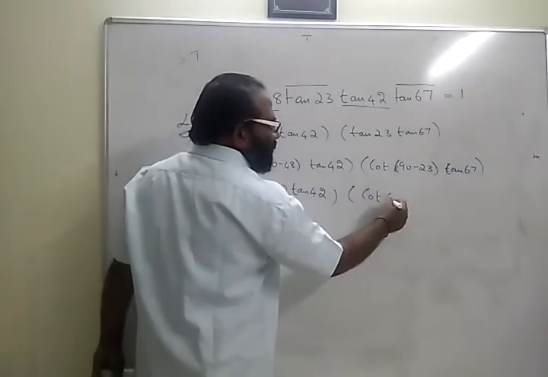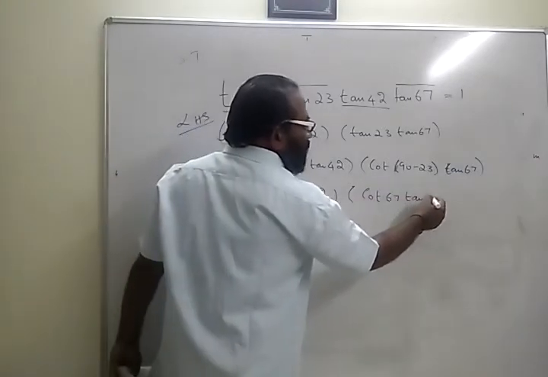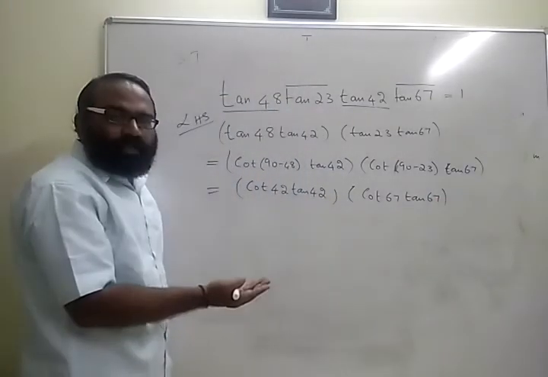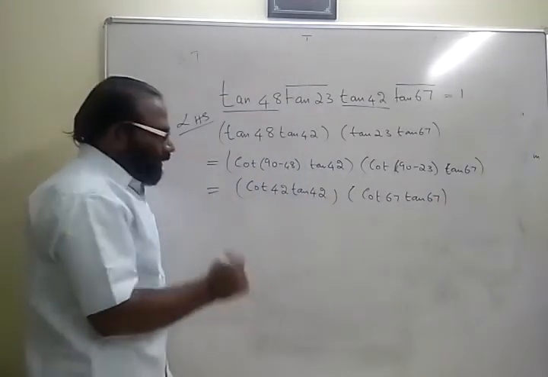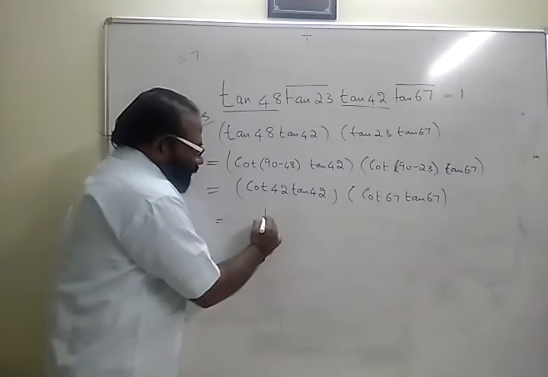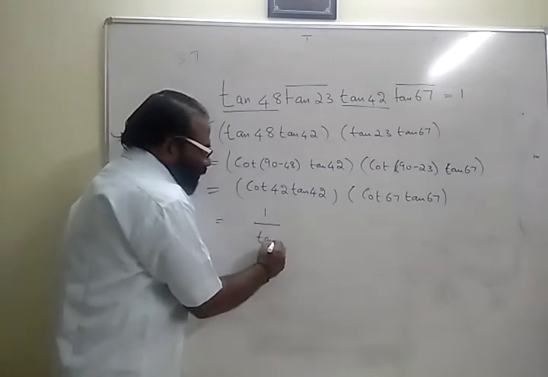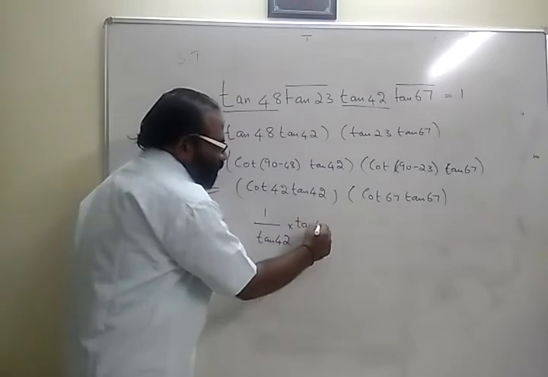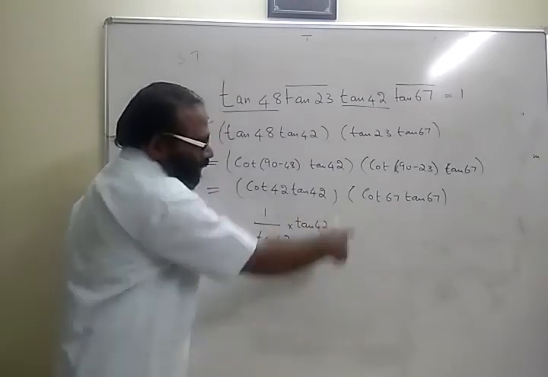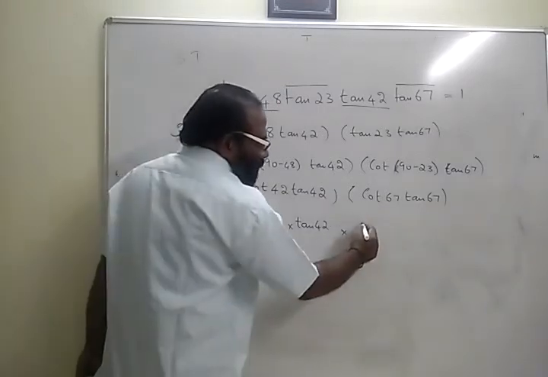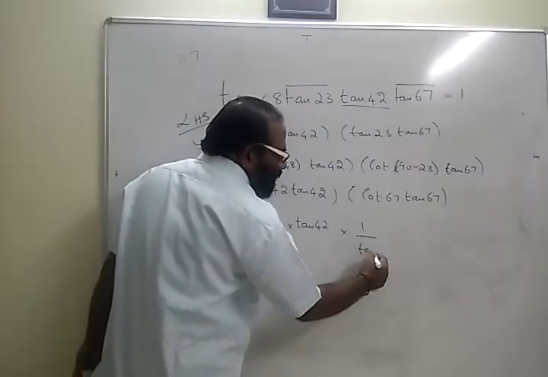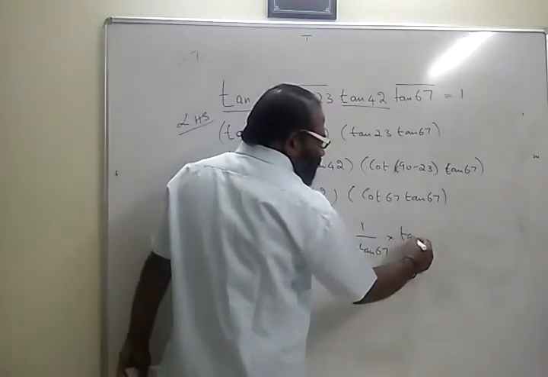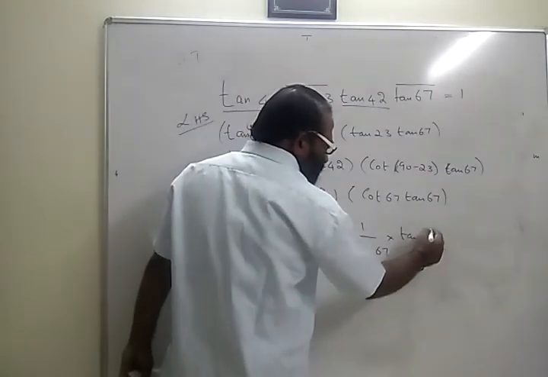So the next step becomes cot 67 tan 67. Now this cot theta is nothing but 1 by tan theta. So I can write it as 1 by tan 42 into tan 42, into this part 1 by tan 67 into tan 67.